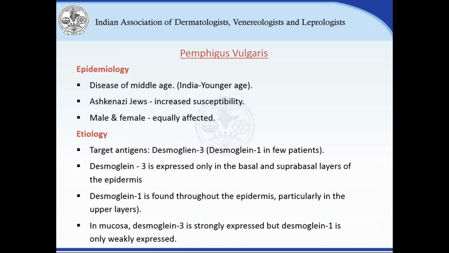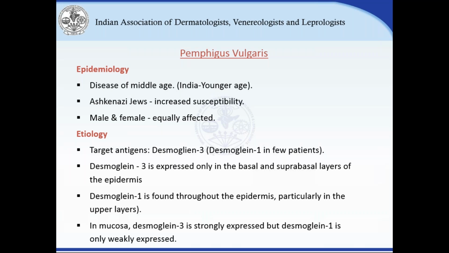In the mucosa, desmoglein 3 is expressed much more than desmoglein 1, very much more. So that will impact how this disease is present. Now, in case of pemphigus vulgaris, the target antigen is desmoglein 3. In case of mucosal dominant patients, desmoglein 3 is the only target antigen. In case of patients who present with both mucosal and cutaneous disease, the antibodies are against both desmoglein 1 and desmoglein 3.